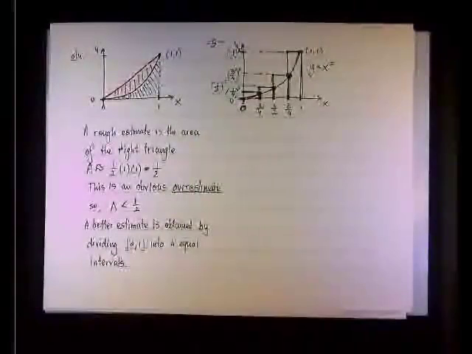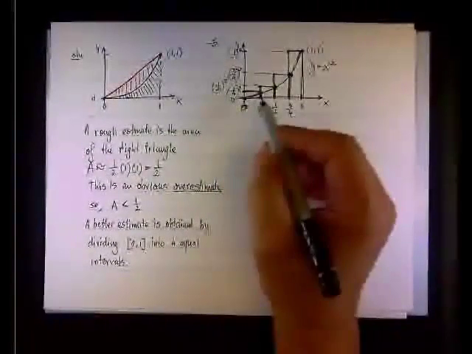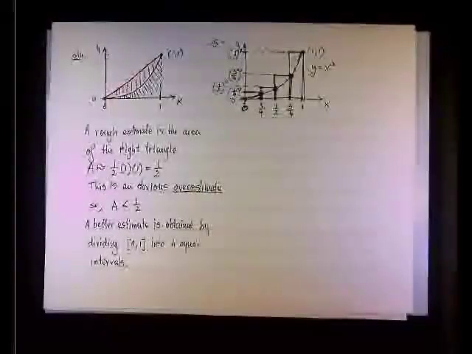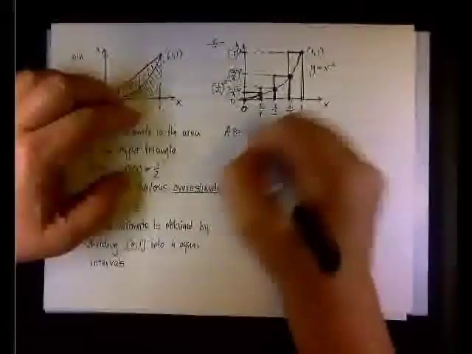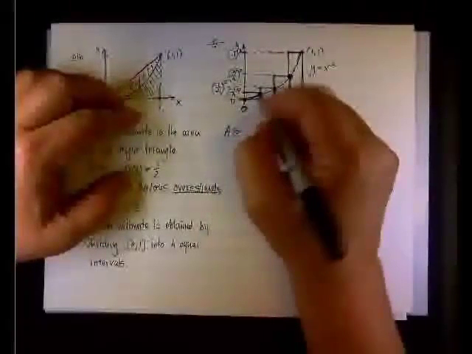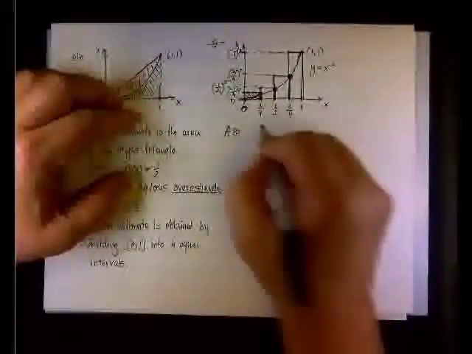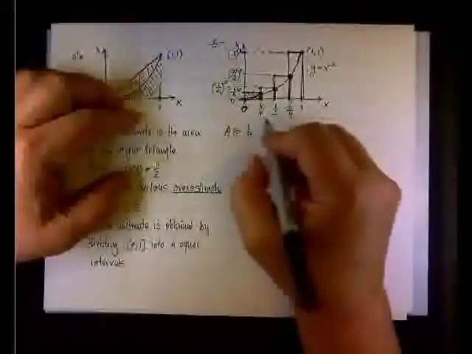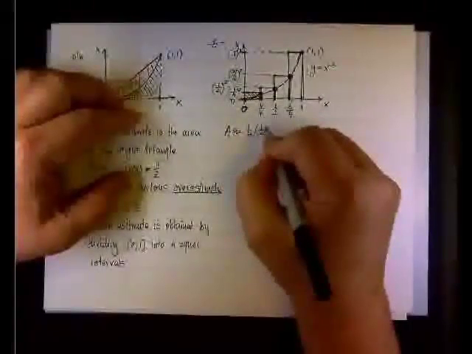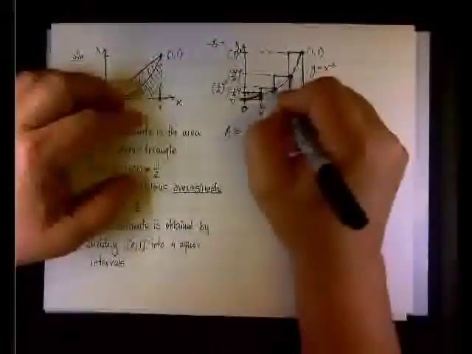Okay? Now, since we're assigning a y value for each interval at the right endpoint, this is what we call a right endpoint. So let's see, we're going to estimate the area of the first block, and the first block is this one. The width is 1/4 and the height is 1/4 squared. Right? This is the area of the first rectangle.